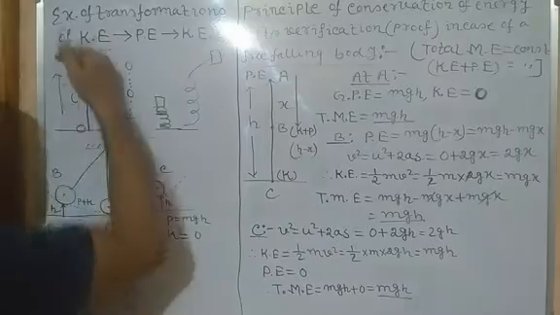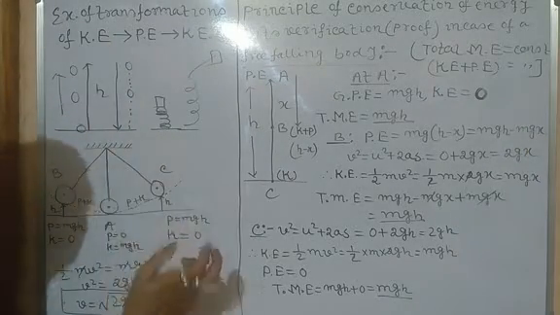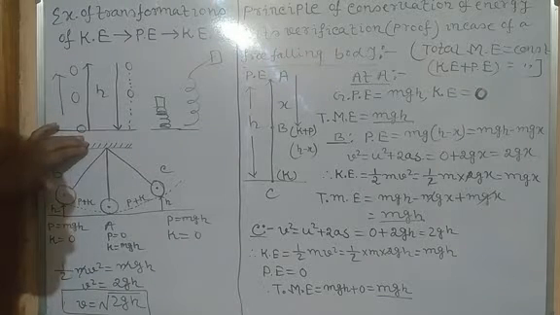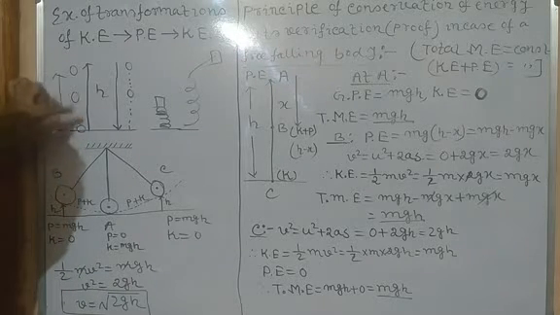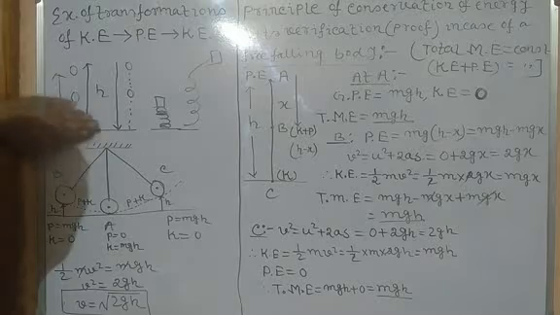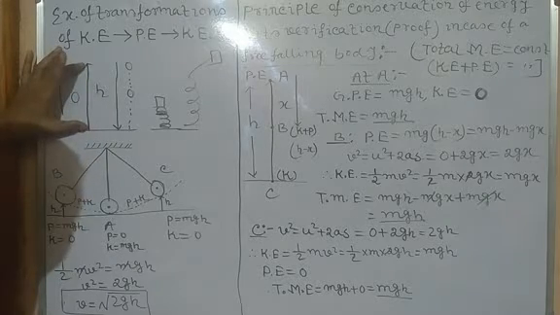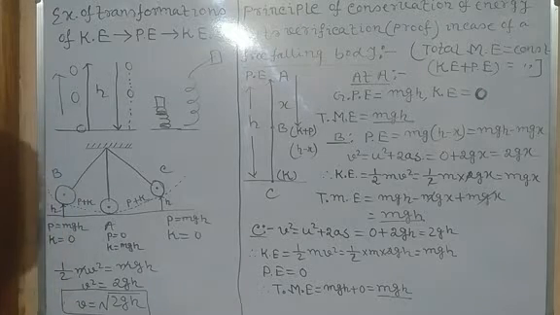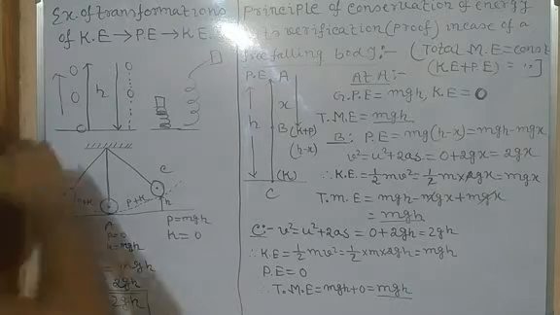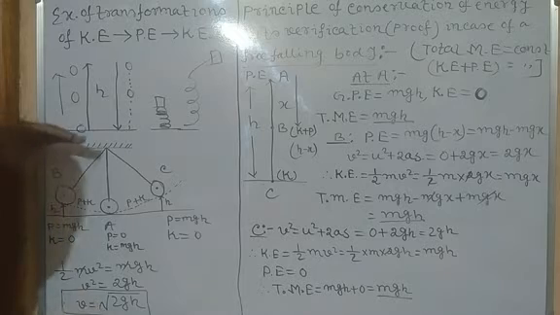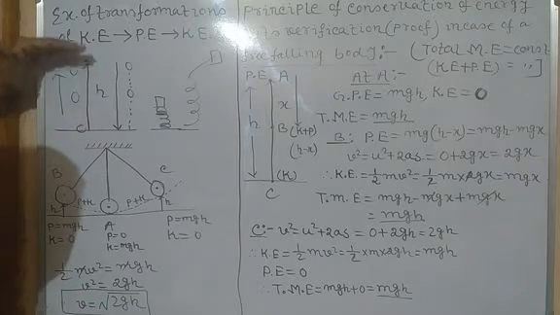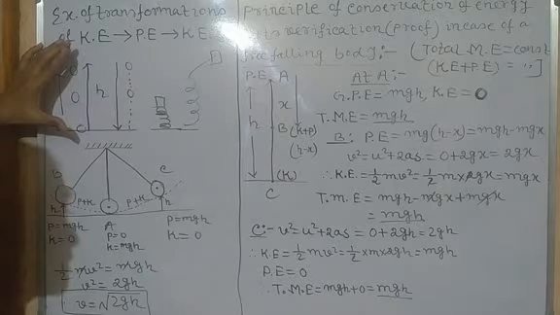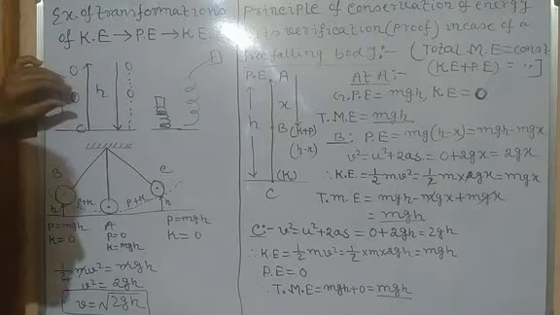When we throw the stone, initially it was at rest, meaning no energy, but as soon as it is thrown, in between this journey it possesses both kinetic energy and potential energy. Since its height is gradually increasing, its potential energy is increasing and kinetic energy is decreasing.